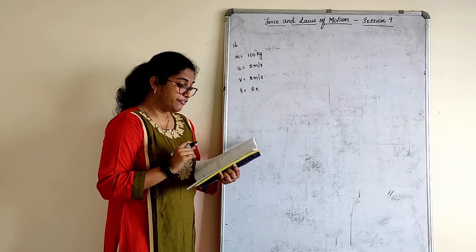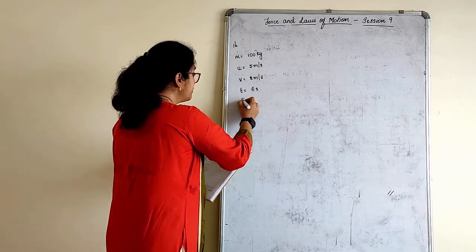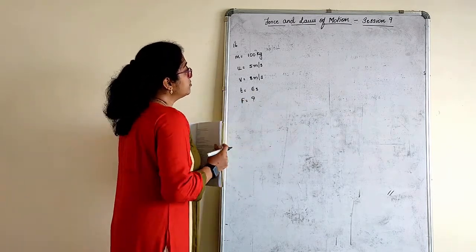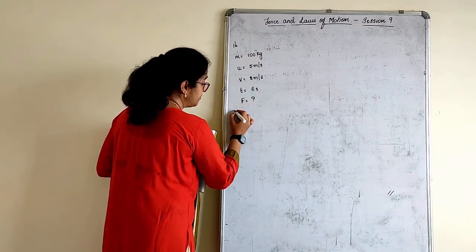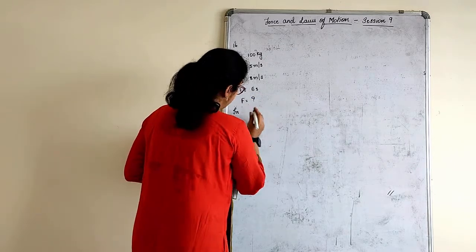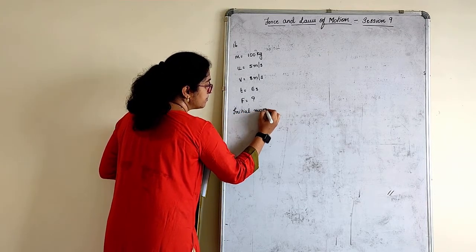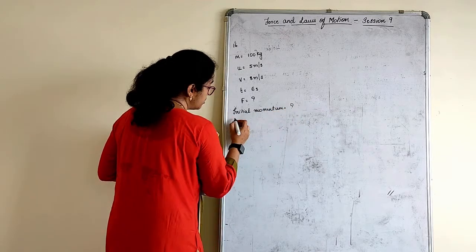Calculate the initial and final momentum of the object. Also find the magnitude of force exerted on the object. So, what have they asked? Calculate the initial momentum, is equal to question mark.